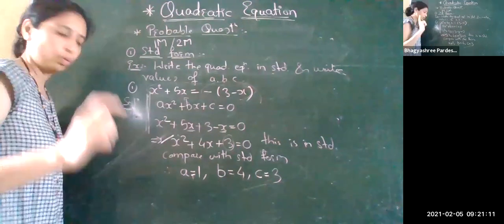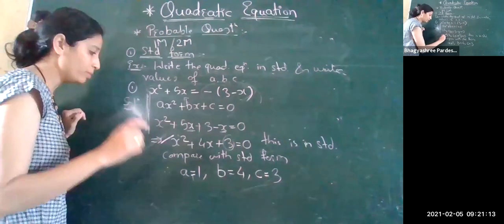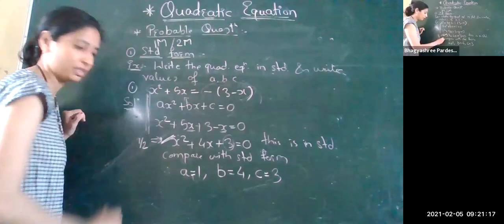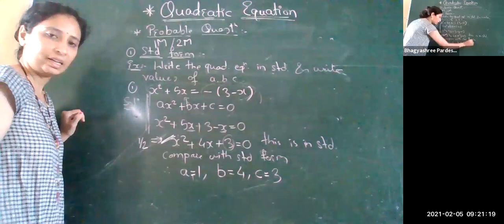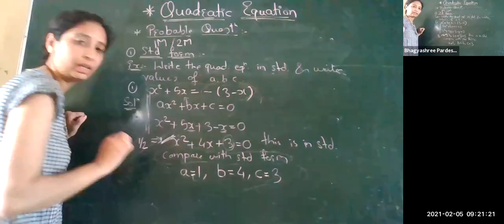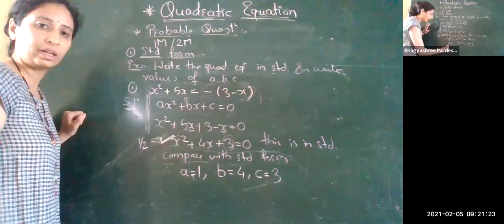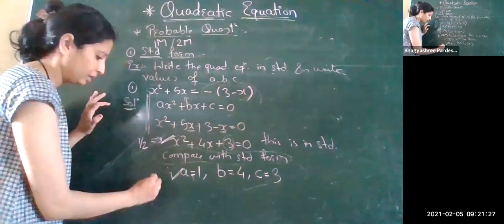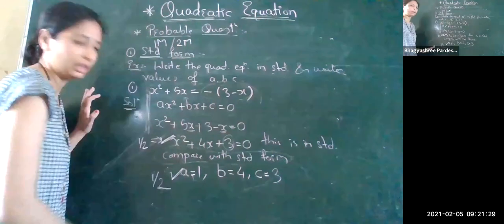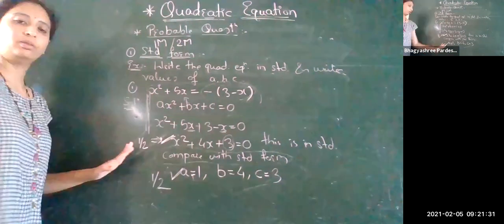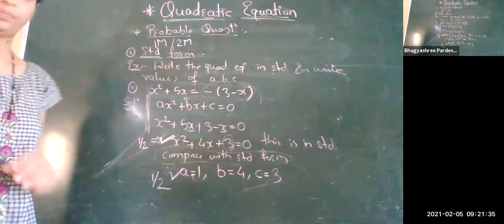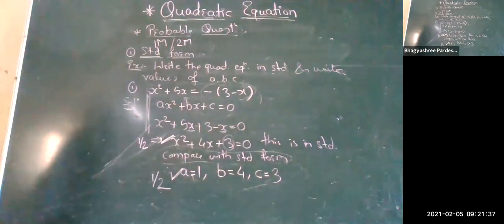Since it is asked for simply 1 mark, for writing in the standard form you will get half marks. And again, for whatever wording you are writing here, you will not get any marks, but still you have to write. But for the final values of a, b, c, you get the other half. So this way, the marking will be distributed for the standard form and the values of a, b, c. Clear? Okay, let's see one more example.